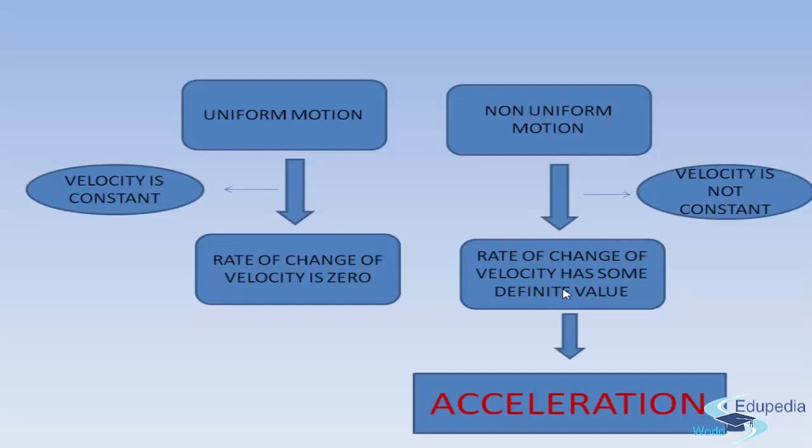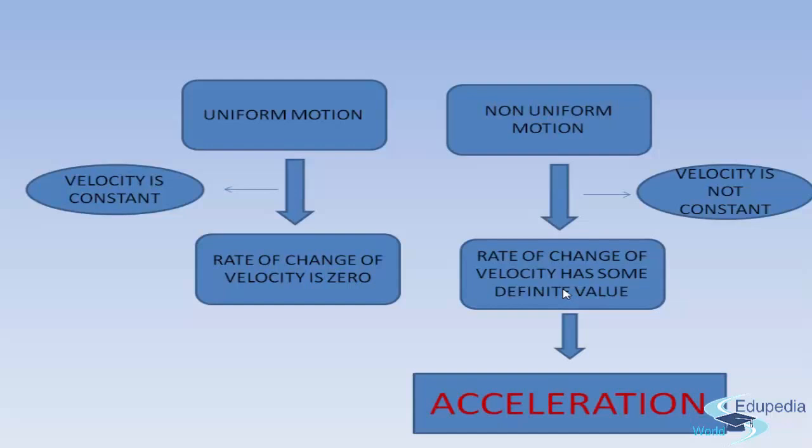Let's say that for the first 30 minutes it travels 10 kilometers, in the next 30 minutes it travels 50 kilometers, and in the next 30 minutes it again travels 100 kilometers. So what is happening? The velocity is not constant. The velocity is changing, and the velocity is increasing. So the body is said to be in non-uniform motion, and it is accelerating.